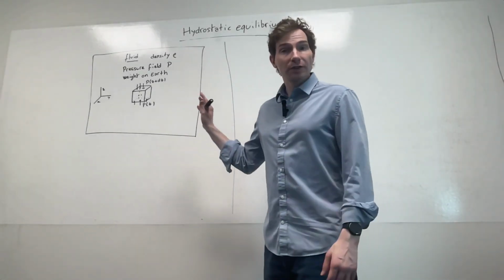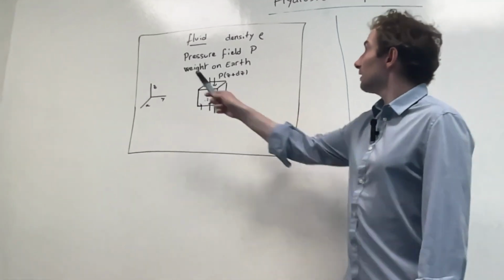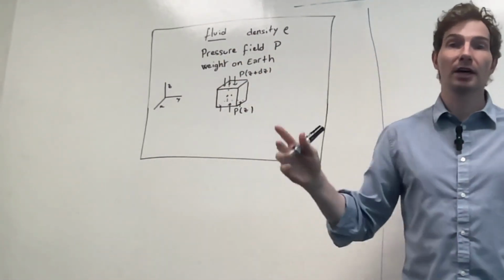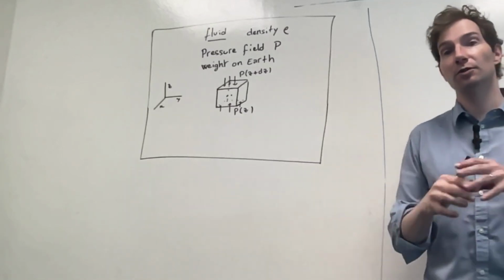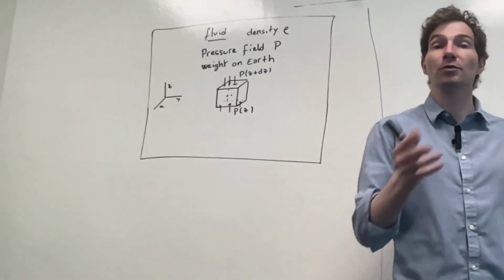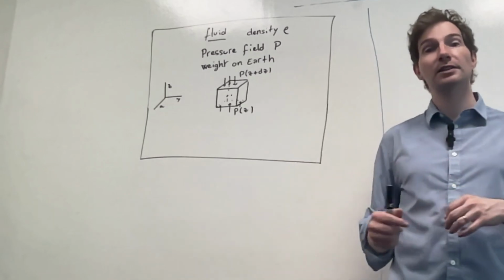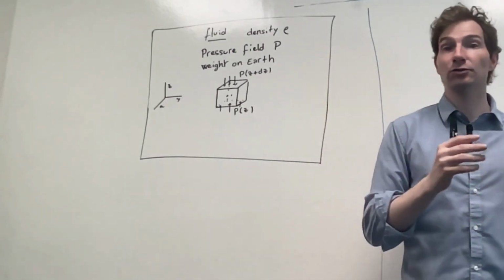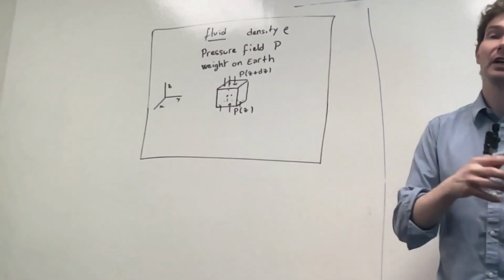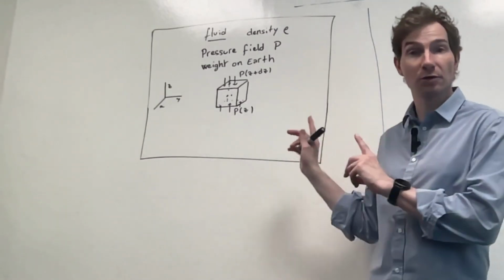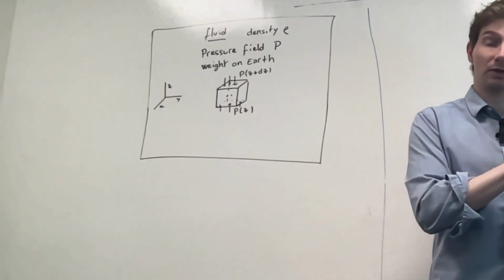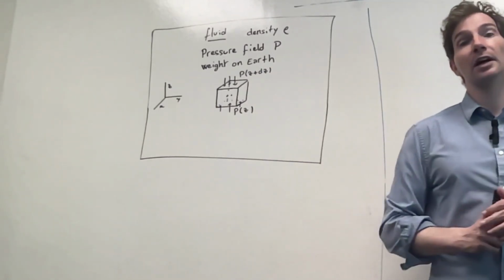Okay, so let's put a little bit of context here. In this square, I'm representing a fluid. A fluid usually could represent anything from a gas to a liquid. Now, the word hydrostatics refers to hydro, so that's related to water. And often this is something, and especially the formula we are going to derive, that would be true in liquids.